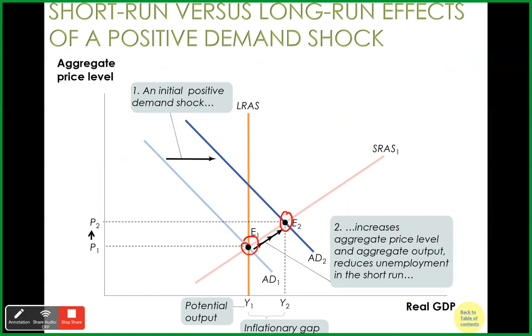Now, to understand how the market is going to respond, we need to identify the current state of the economy, particularly the current state in the labor market. So let's compare what we actually produce versus what we potentially produce.